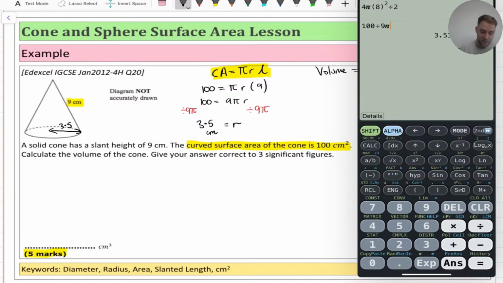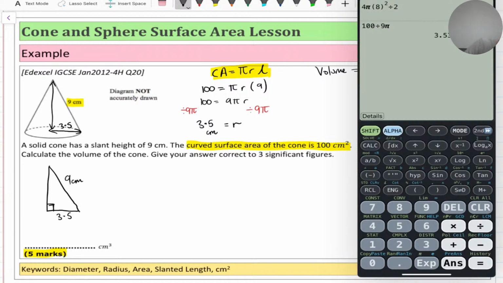The next thing I need to know to find out the volume is this perpendicular height here. I don't know what that is, but same as before, I can use Pythagoras to work this out. I know this is 9 centimeters, and this bottom is 3.5.